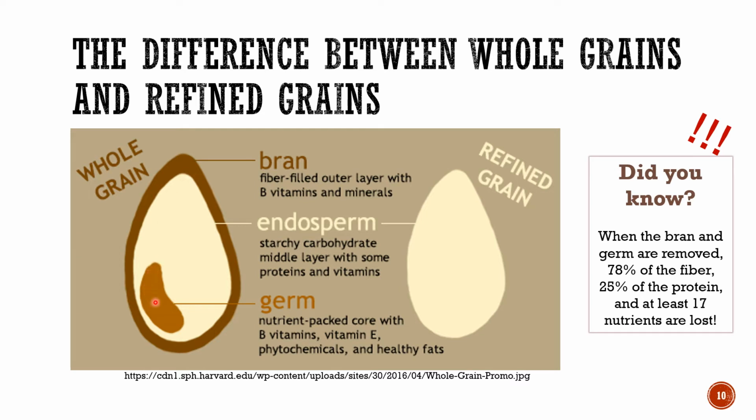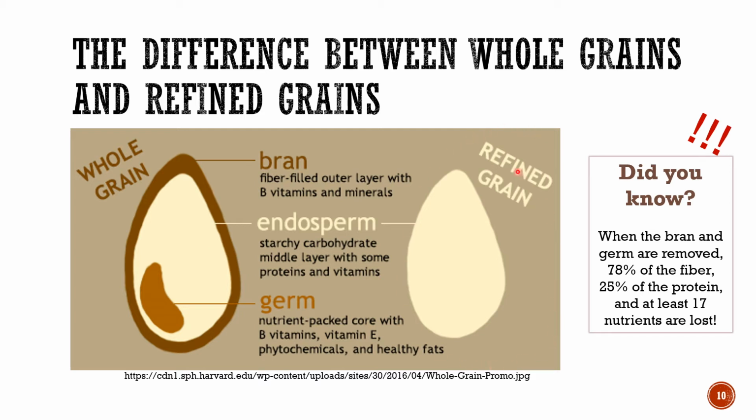And down here on the left, we see the germ, and this is the nutrient-packed core, and it contains B vitamins, vitamin E, phytochemicals, and healthy fats. And this large white portion is the endosperm, and it's the starchy carbohydrate layer, and it does provide some proteins and vitamins.